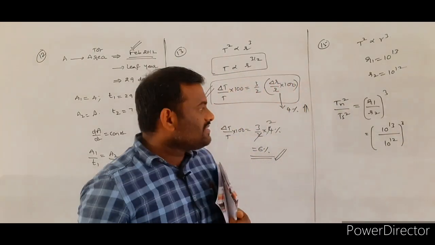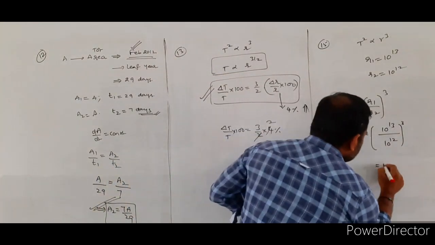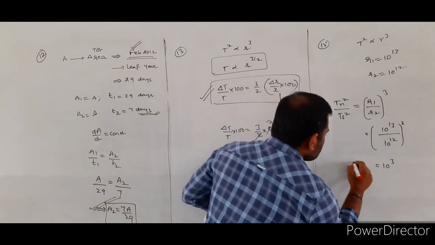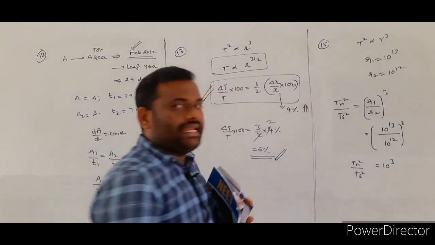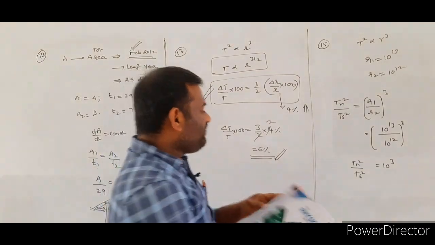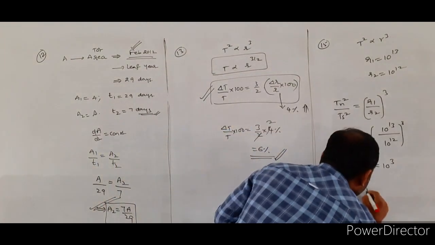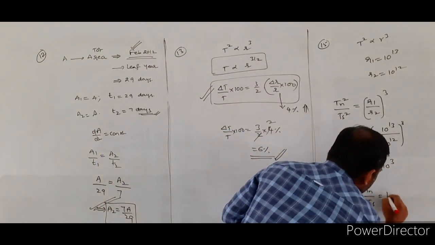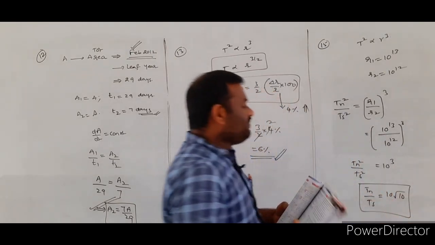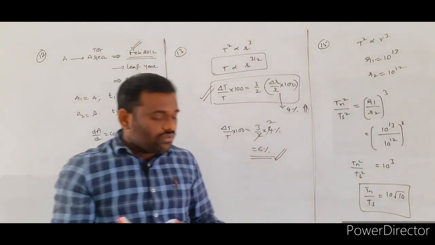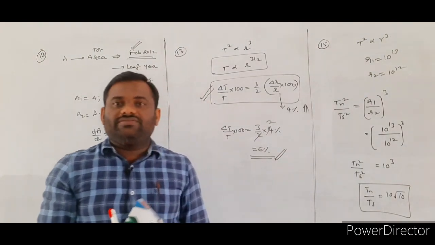This value is equal to 10 cube. So Tn square by Ts square is equal to 10 cube. Now if you simplify, you will get Tn by Ts is equal to 10 root 10. So that is numerical number 15.